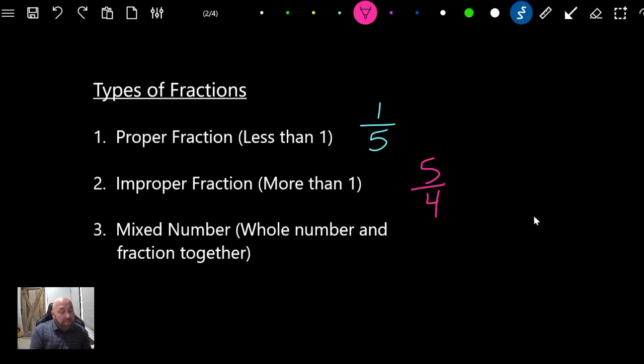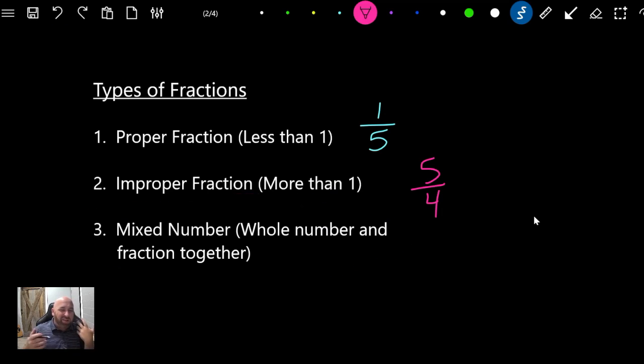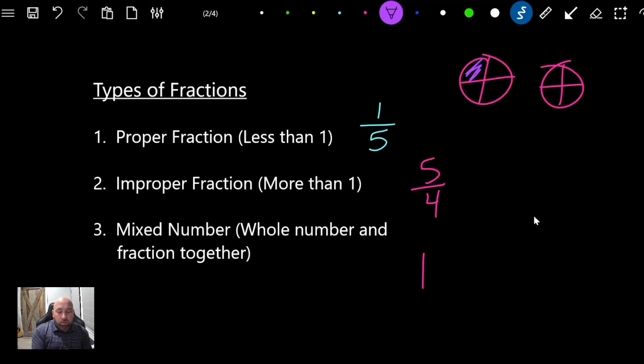All right, the next thing here is a mixed number. Now, a mixed number is also a different way of writing more than one, so kind of like an improper fraction, but this is, I guess, the better way to write it, if you will. What we can do is write a number, okay, so we can write 1. Let's go back to our pizzas here. We had 4 pieces, 1, 2, 3, 4 there, and then we had 1 in this one.